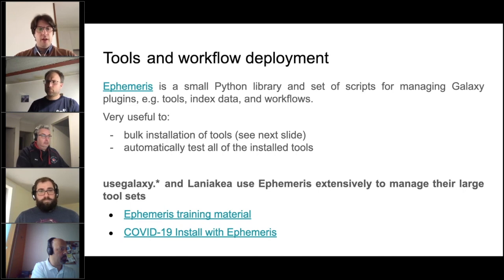We leave you here the training material for Ephemeris and the COVID-19 user's guide. And this is something that UseGalaxy.star and Laniakea are using daily to maintain their tool sets.